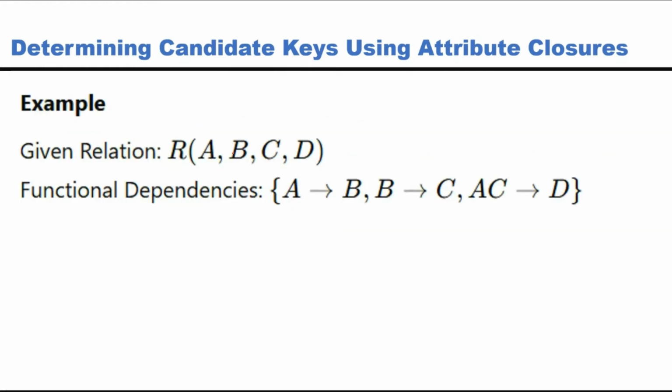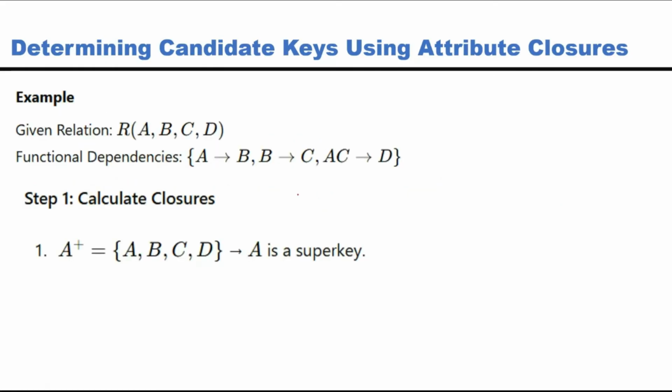The example we are taking is a relation R having A, B, C, and D. The functional dependencies are: A determines B, B determines C, and AC determines D. So what is the first step here? Calculate closure. We'll call the previous algorithm.